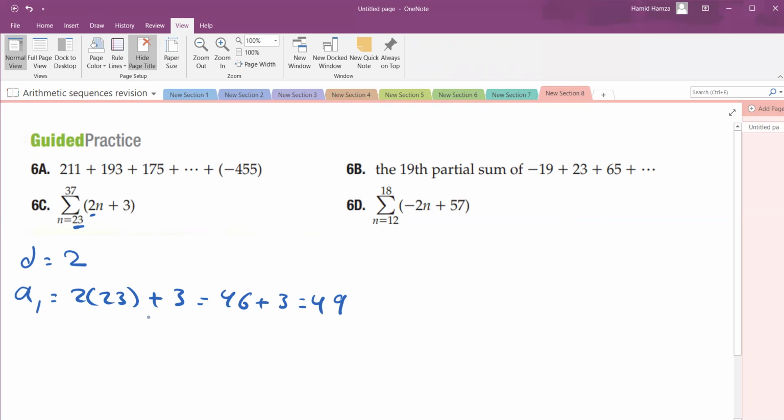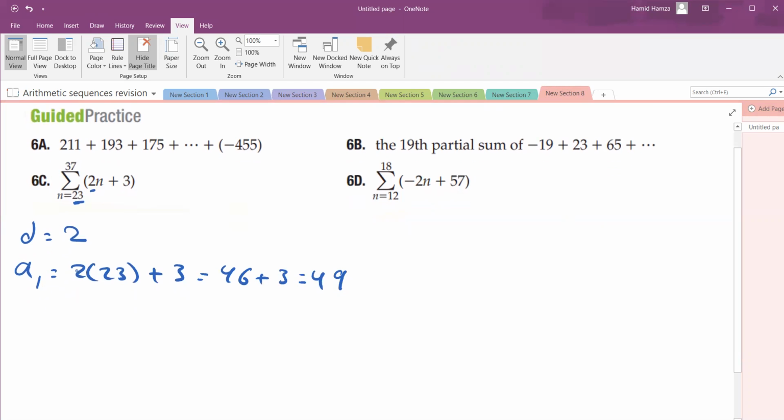Very good. So now I know the value of the first term and the common difference. What about n? How many terms will you add? Subtract these and add 1. So it will be 37 minus 23 plus 1.